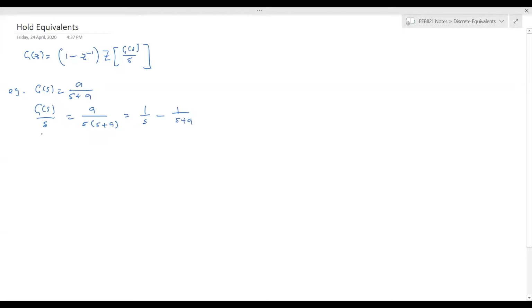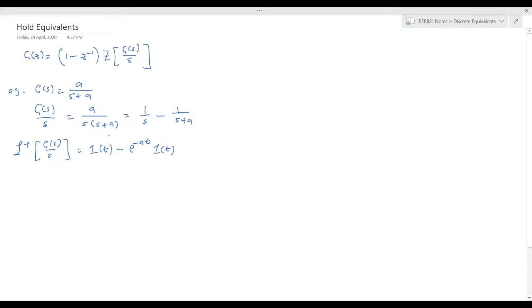If we do the Laplace inverse, 1 over s will be just the function 1 of t, minus 1 over s plus a, which becomes e to the power minus a t times 1 of t.